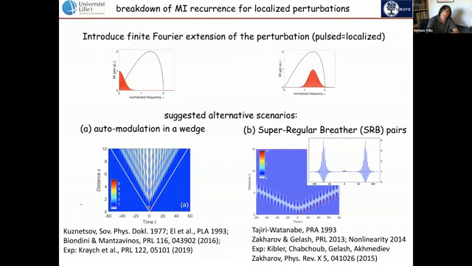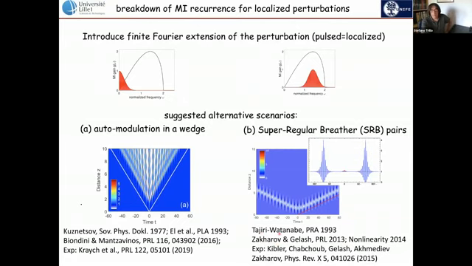Essentially, a localized perturbation, which in Fourier space is at zero frequency, can develop what we call an auto-modulation. So a Whitham region, if you want, which is confined in a characteristic wedge. But there is another scenario that was actually due to Zakharov and Gelash, Andrei.